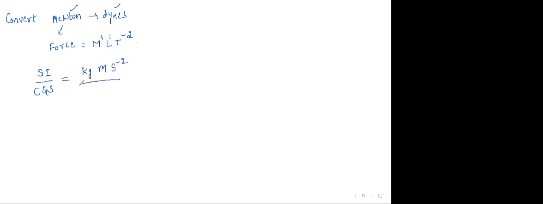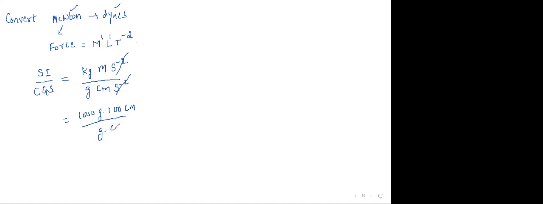In CGS system, mass is gram, length is centimeter, time is second. So 1 kg will be how many grams? 1000 grams. 1 meter is how many centimeters? 100 centimeters. You can cancel this too.